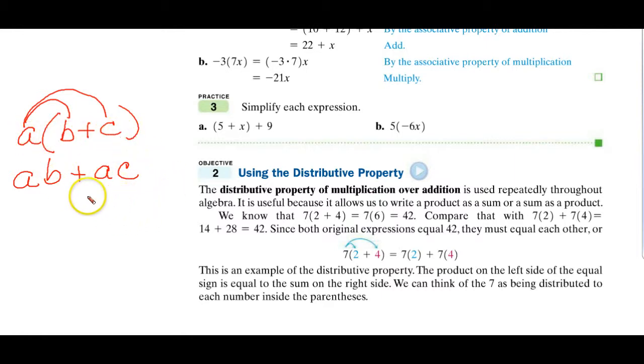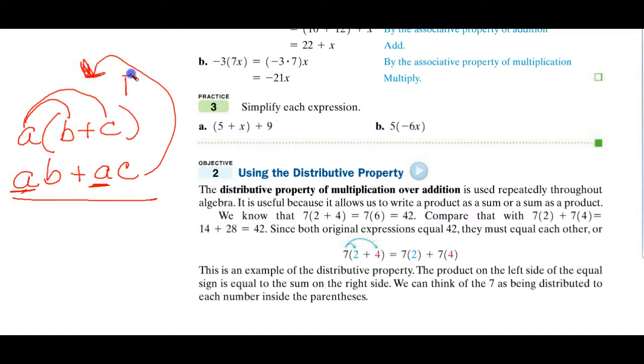Now, a little later on, we'll be doing the opposite of the distributive property, where here you see there's a common factor A in each one of these, and we're going to factor out that A, and we're going to get back to this. We're going to use that in Chapter 2.